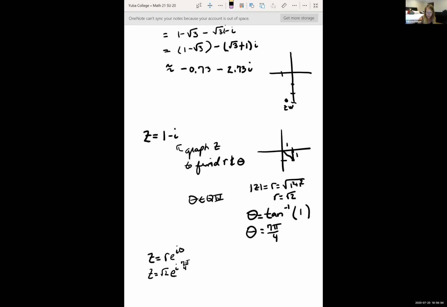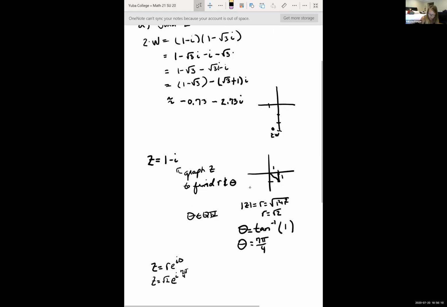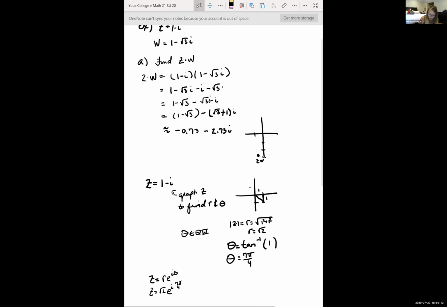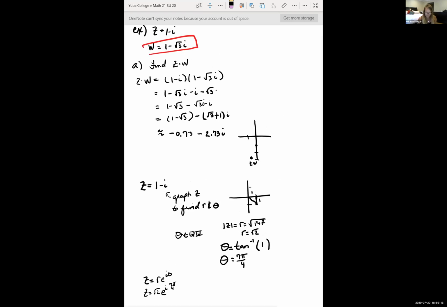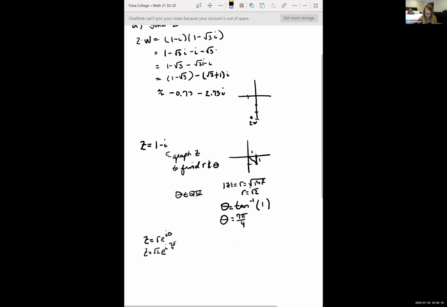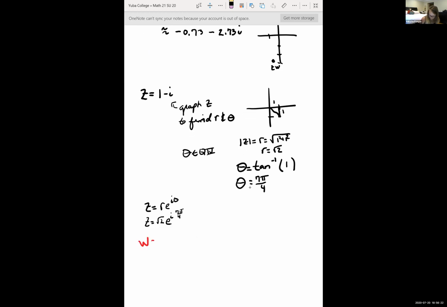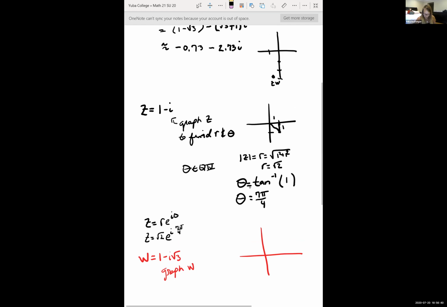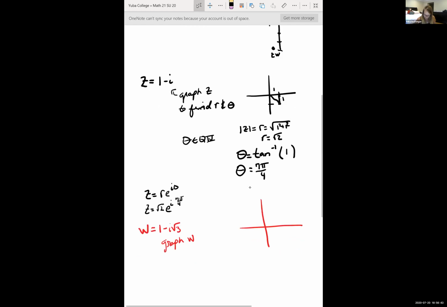So we want to do the same thing for w. So w is given to us to be 1 minus i root 3. So if we graph this, we're going to go over 1 and we're going to go down root 3.